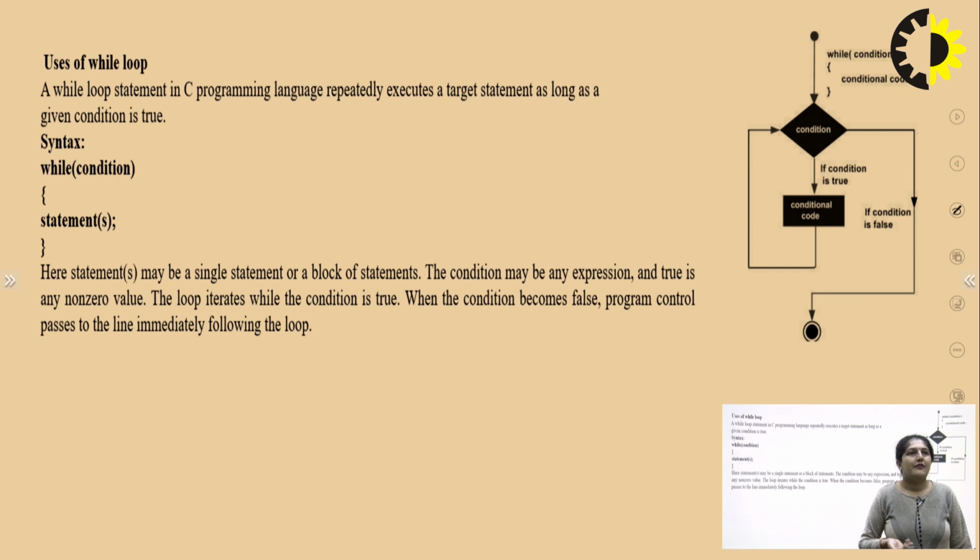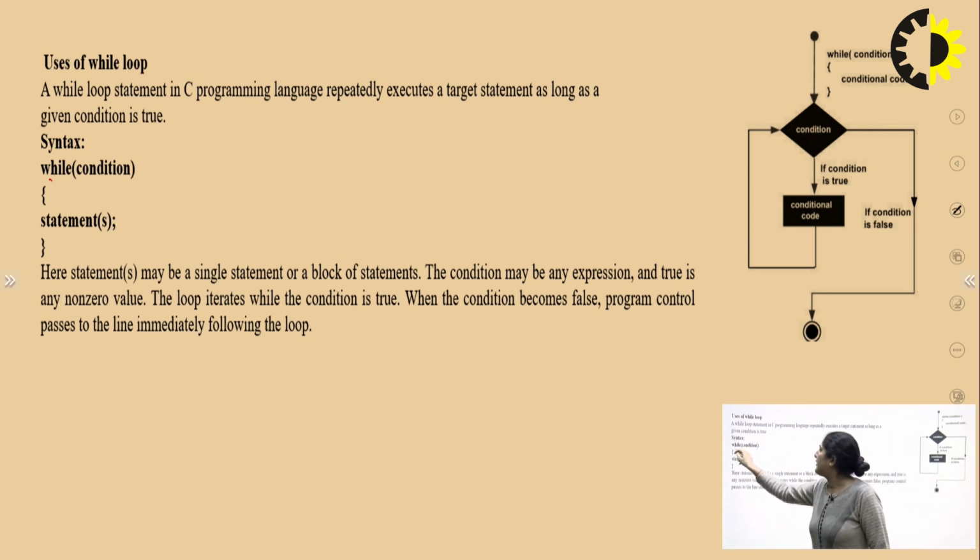So let us start with the use of the while loop. The while loop repeatedly executes a target statement as long as the given condition is true. This is the syntax of the while loop. We write while, and then we write the condition.